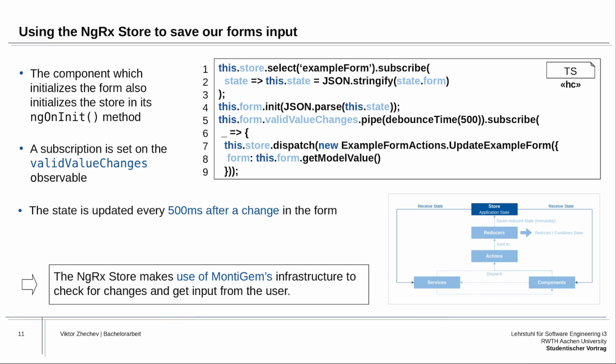If only some information is present in the model, MontiGem tries to determine if such entries are present in the form itself and fills out the inputs while it is initializing the form. It then creates a complete model of the form and updates the store with it. When a change in the input fields occurs, an update action gets triggered and it updates the store with the changes.